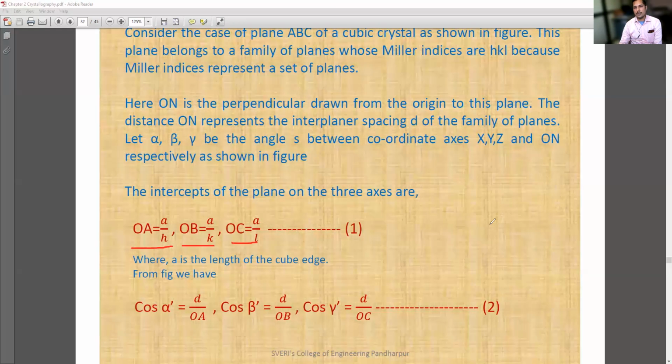Miller indices we are getting are nothing but reciprocals of intercepts. Is it correct? Yes, sir. Then if I write or say the statement that then intercepts are also reciprocals of Miller indices. Is it correct? That is vice versa. Yes, sir. Okay, so same thing we have written here and nothing else.